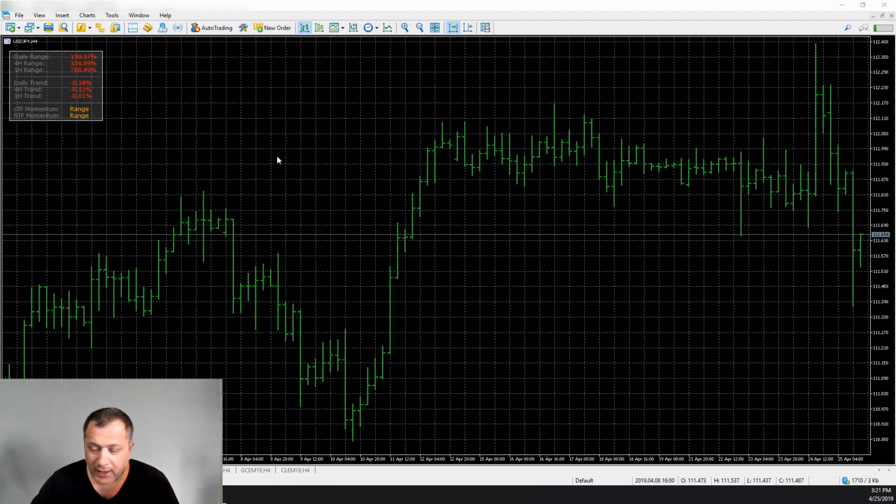Okay, so yesterday we looked at the daily range. This is what we analyzed right over here. This was the first one. And again, what I explained, this is the average true range as measured in percentage when we look 5 periods back.